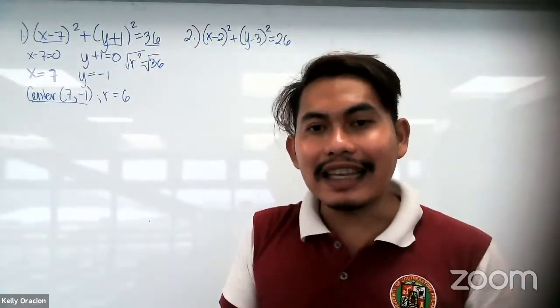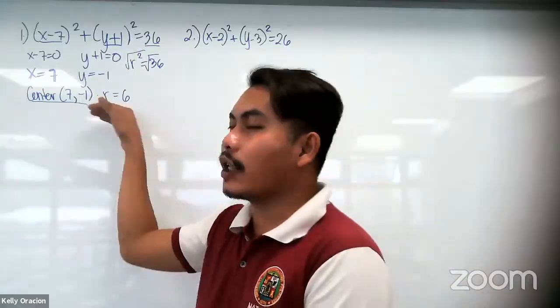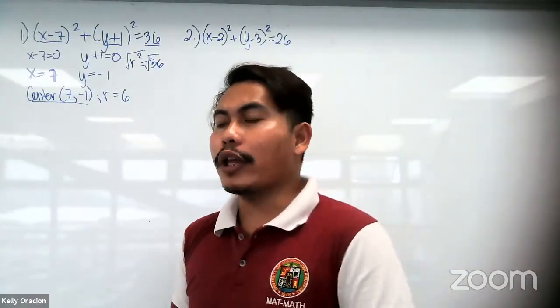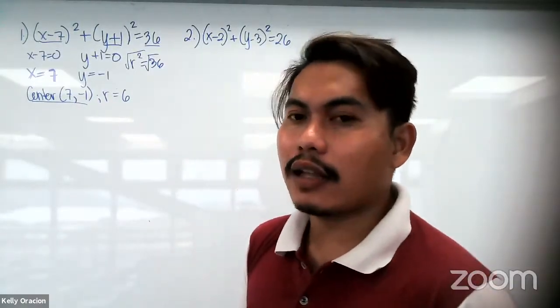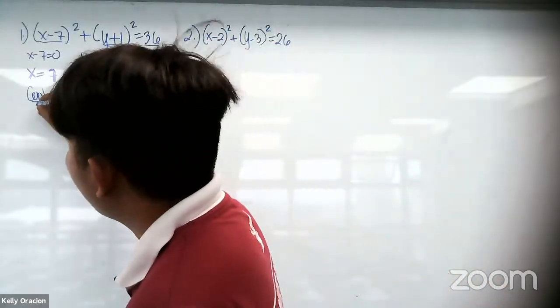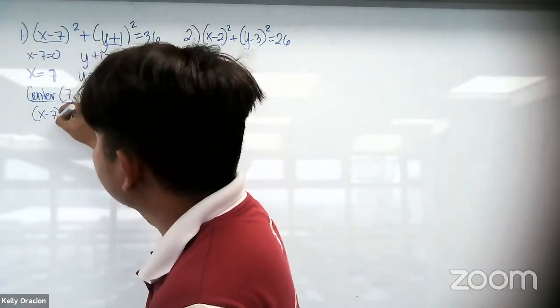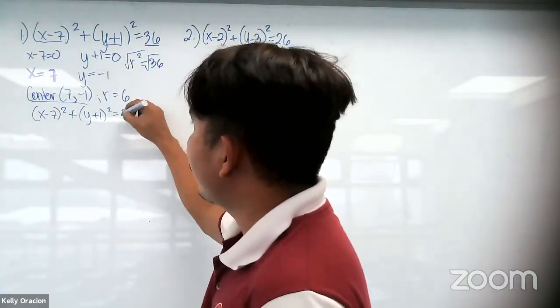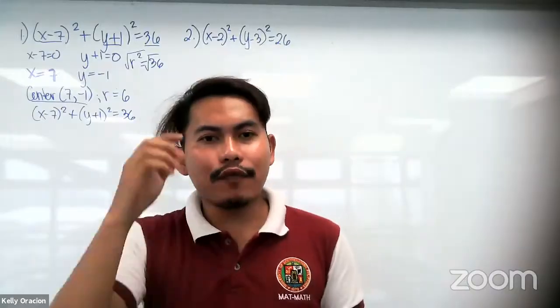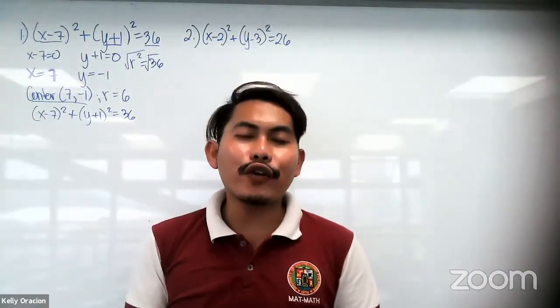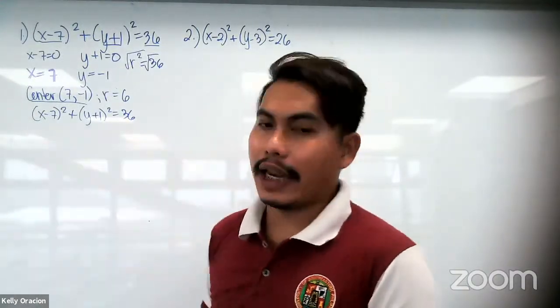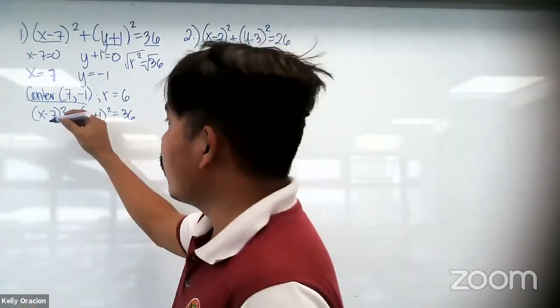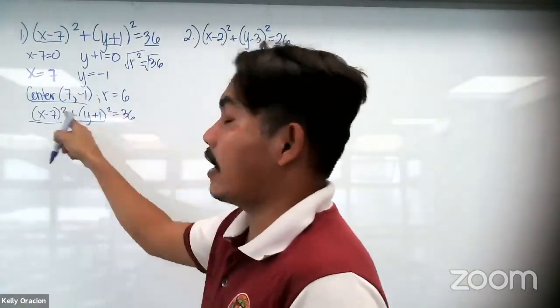After getting the center and radius, we are going to transform it now. What is the first step to transform this one? We are going to expand this one.